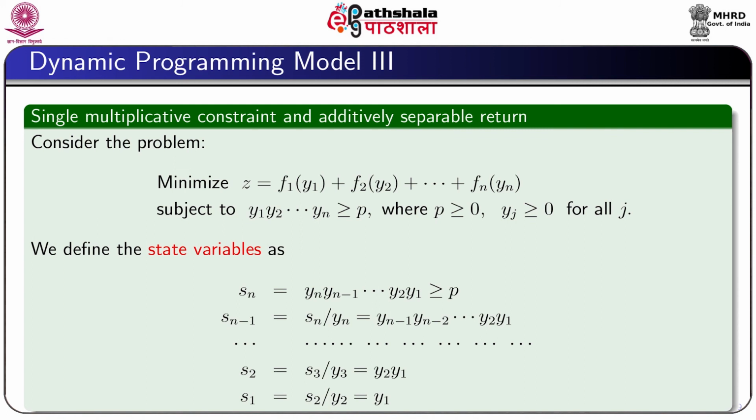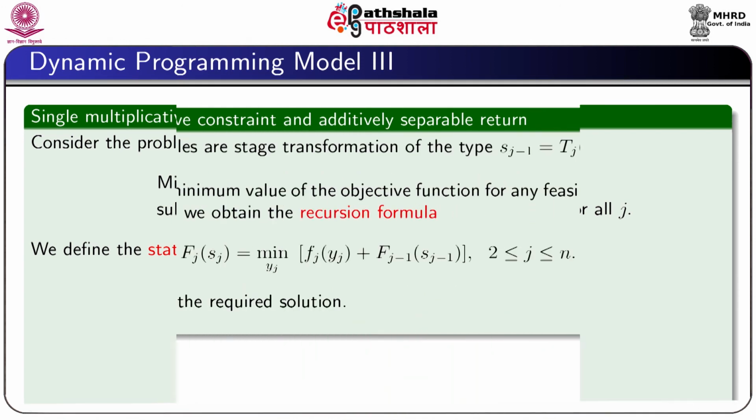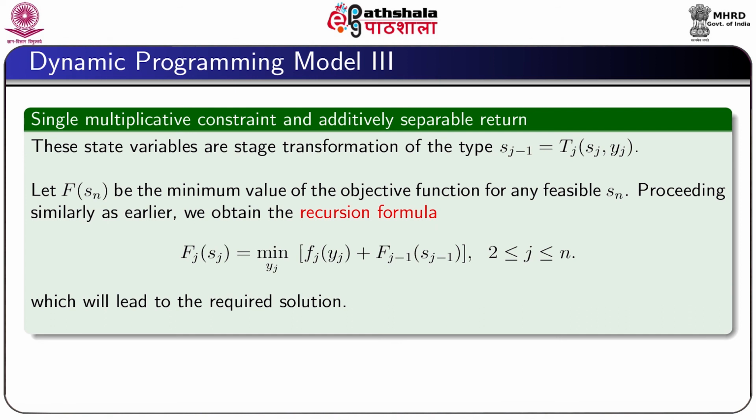Similarly, we get S2 equal to S3 by y3, which is equal to y1 y2, and finally S1 equal to S2 by y2, which is equal to y1. These state variables are stage transformations of the type Sj minus 1 equal to Tj(Sj, yj).